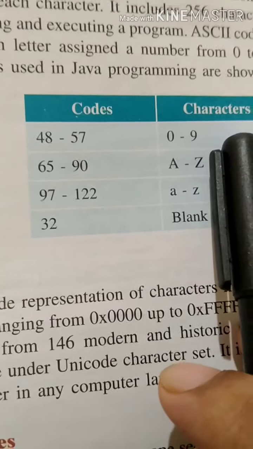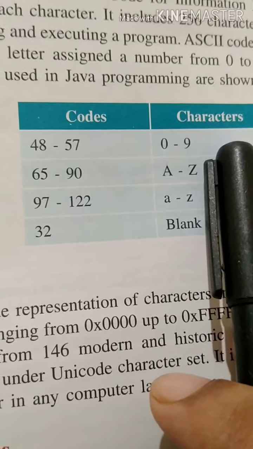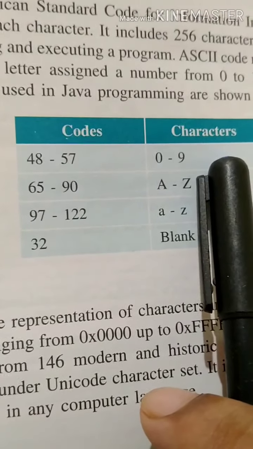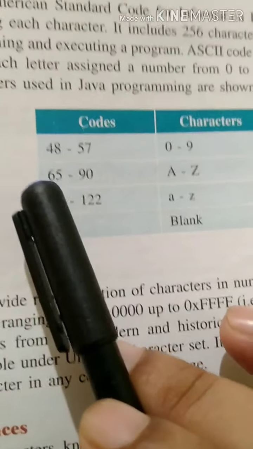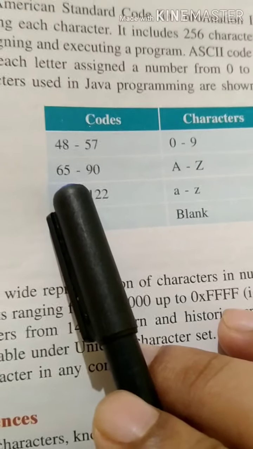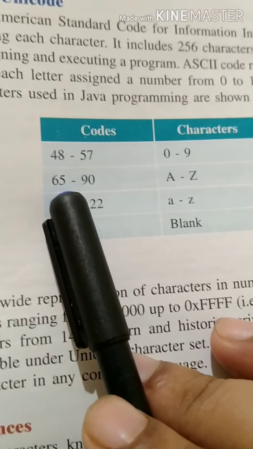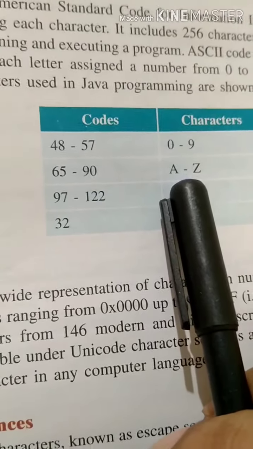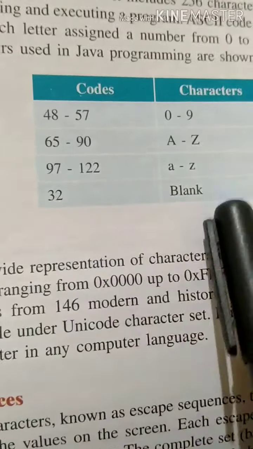Hold the Alt button and press the numeric keys, at the right side of the keyboard, on the Notepad screen, and these codes will appear. If you hold Alt and press 65 from the numeric keypad, then capital A will come, 97 gives small a, and 32 gives a blank.